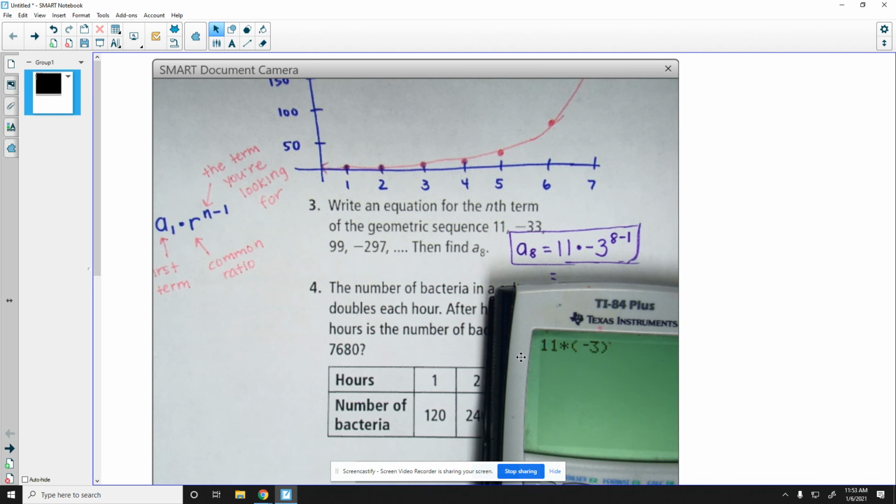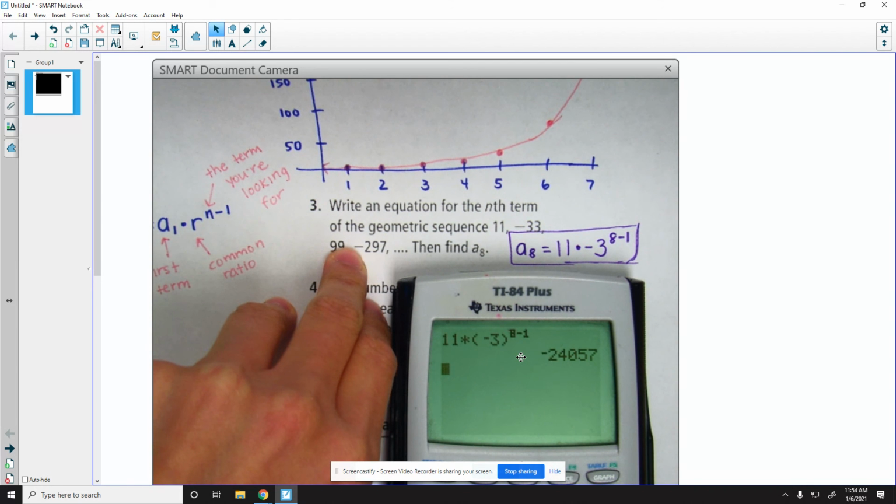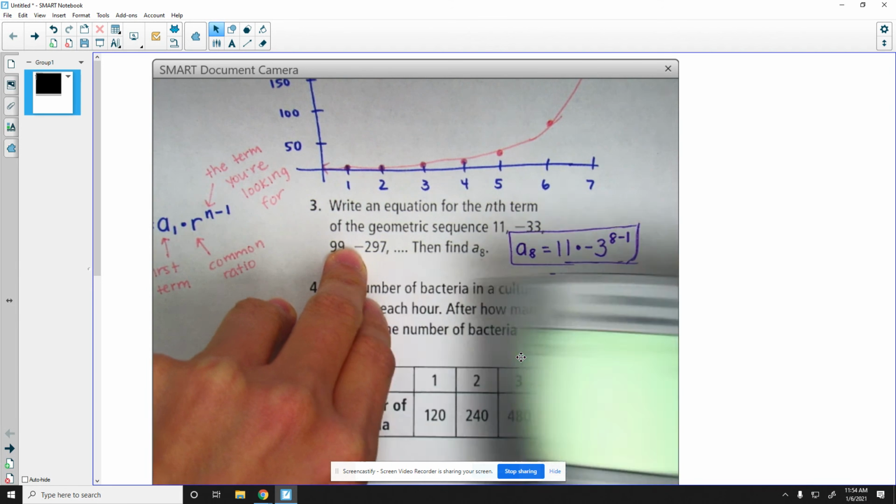If you honestly are unsure, then just put it in parentheses. Parentheses is never going to hurt you, okay? But not putting it in parentheses will definitely hurt you some of the time. So if you're the least bit unsure, just put it in parentheses. You can really type in 8 minus 1 if you want to, or realize 8 minus 1 is just 7. Okay, negative 24,057. Boom.